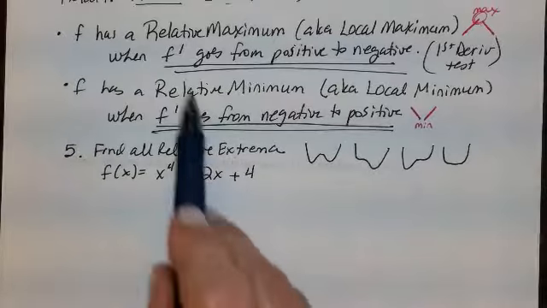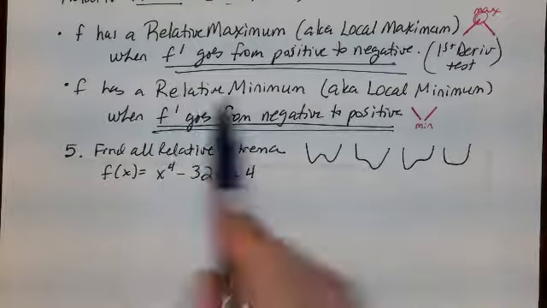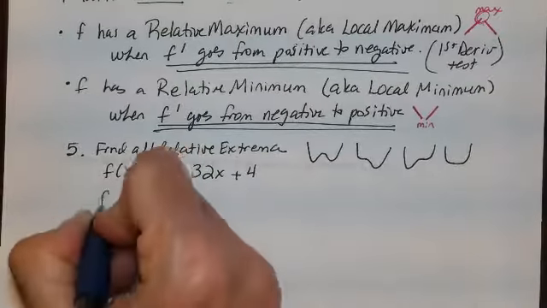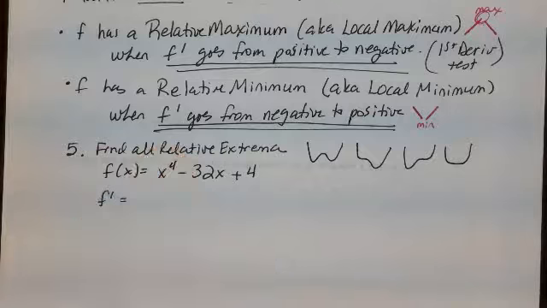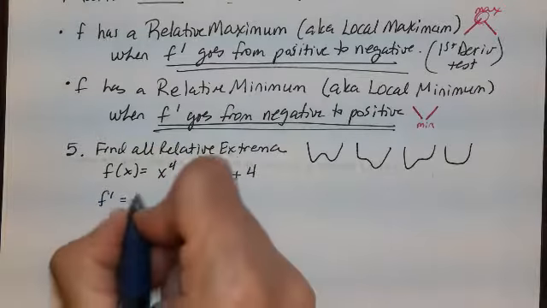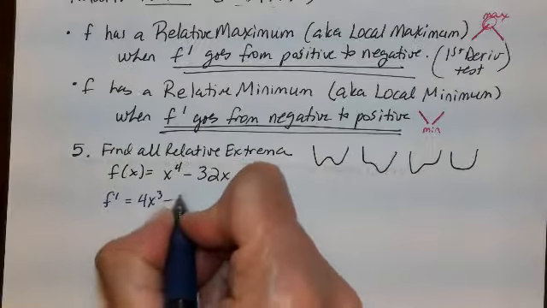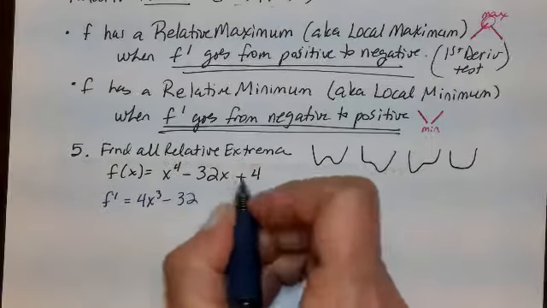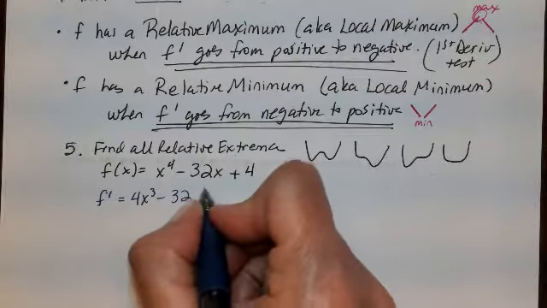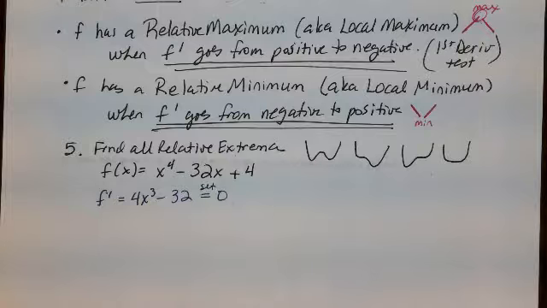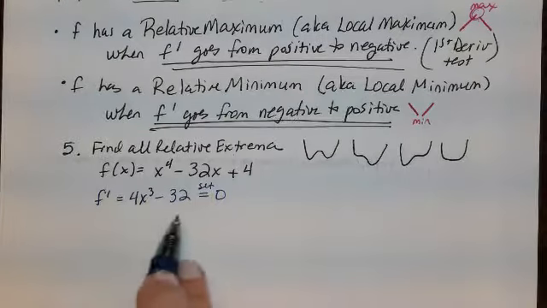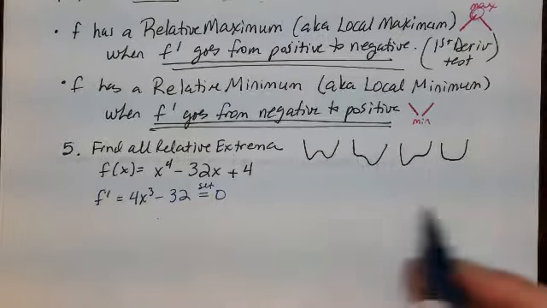Relative extrema, once again, rely on that first derivative. So that's where we're going to start, f prime. We're going to find the critical numbers. So 4x cubed minus 32 plus 0, set it equal to 0. There's no denominator. If there was a denominator, that would go on our sign chart.